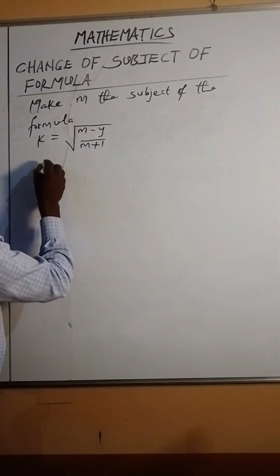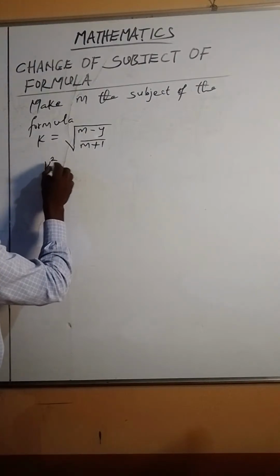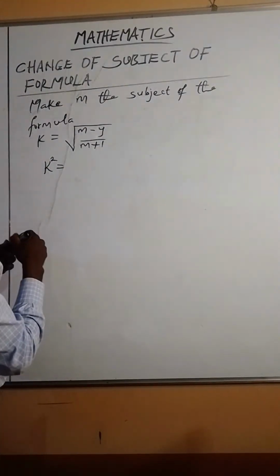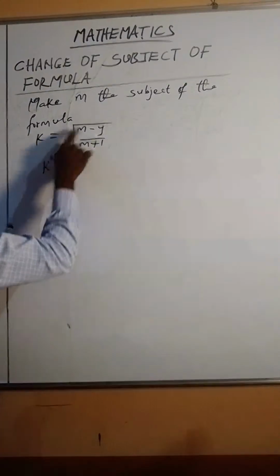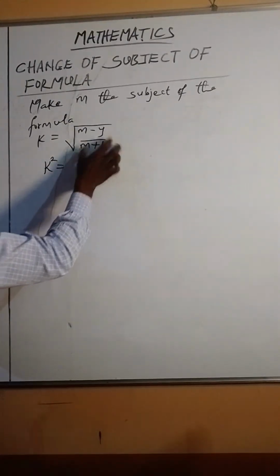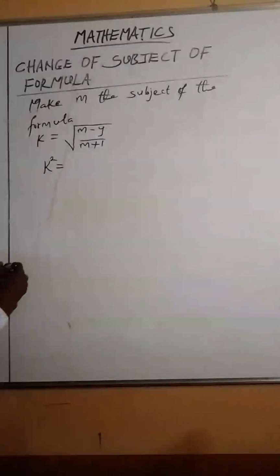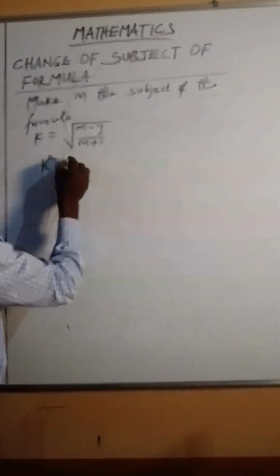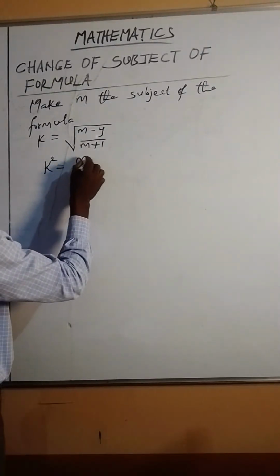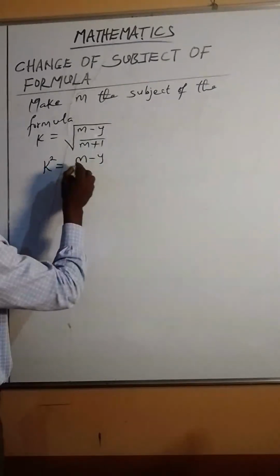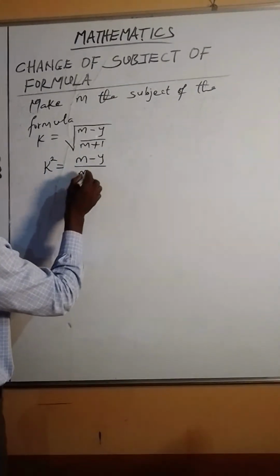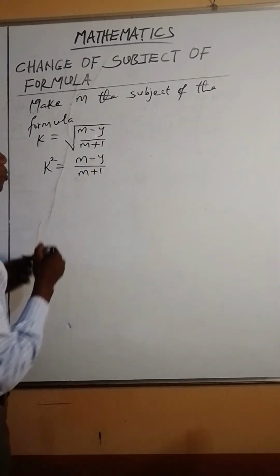So if we square K, we are going to have K squared, then equals to, if we square the entire expression at the right hand side, the square root will disappear. We will now be left with m minus y divided by m plus 1.